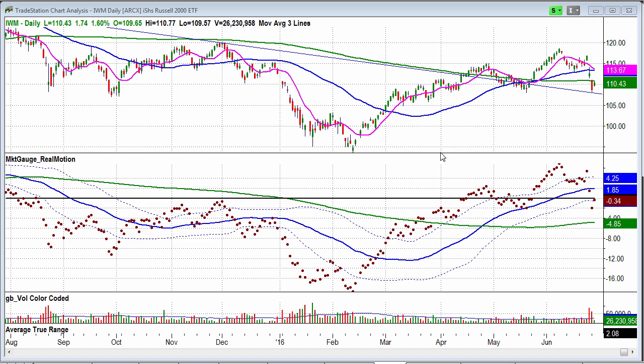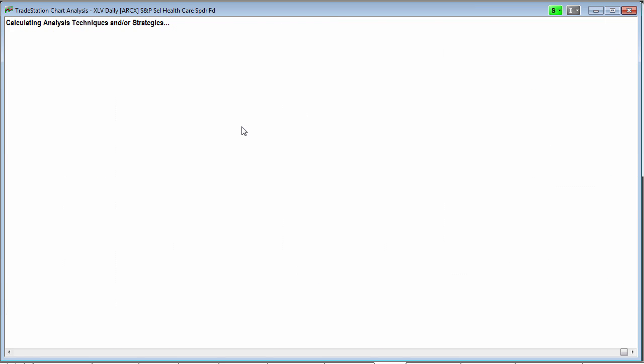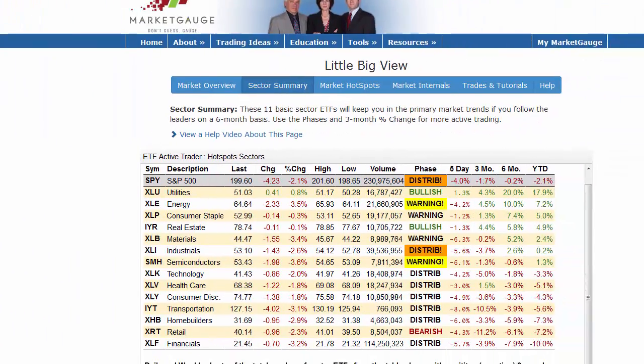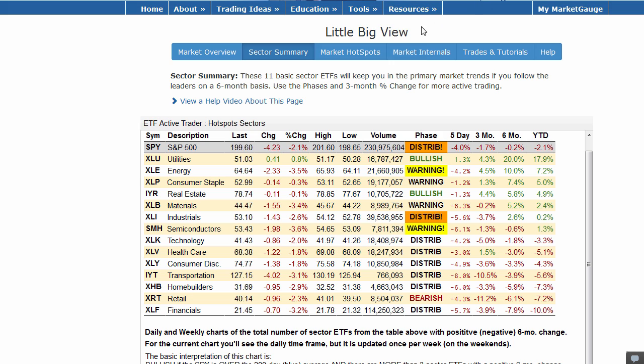But let's take a look at some other areas of the market. First, I want to take a look at some of the areas that have been strong and see how they've held up. IWM was one of them. XLV. All I'm really doing here is taking a look at these sectors that we provide in our little big view area.